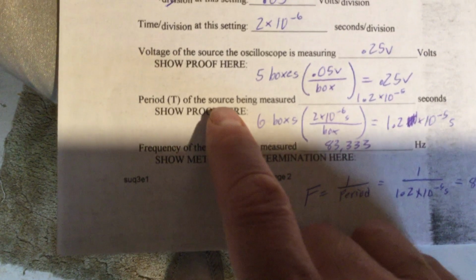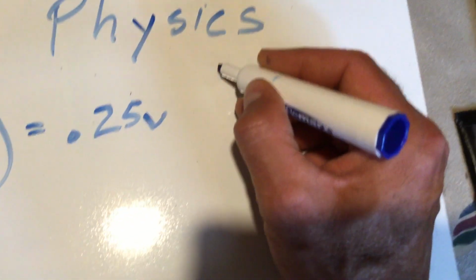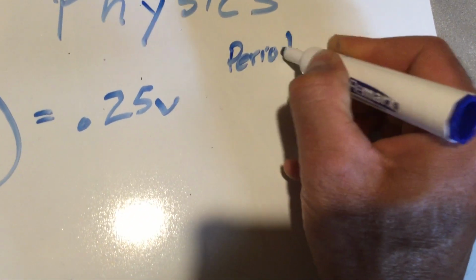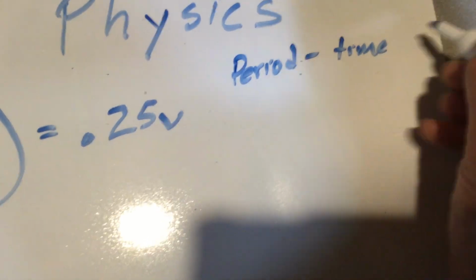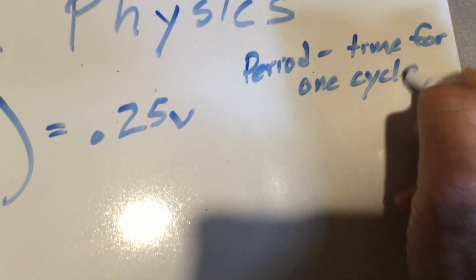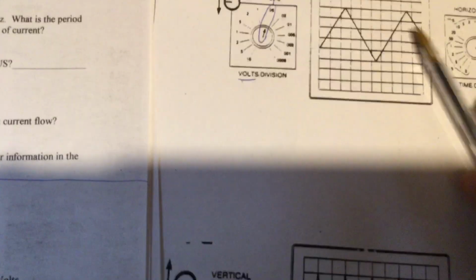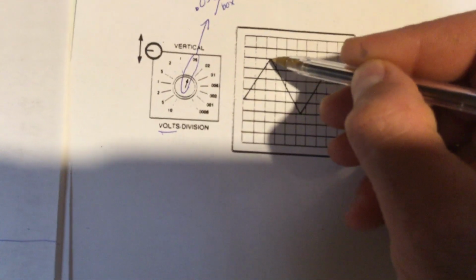The next thing that's always asked is, what's the period? The period. Now, period means time for one cycle. That's what period means, time for one cycle. So in this case, back to the picture, if we start right at this point right here, and we start following the pattern, when does the pattern start to repeat itself?